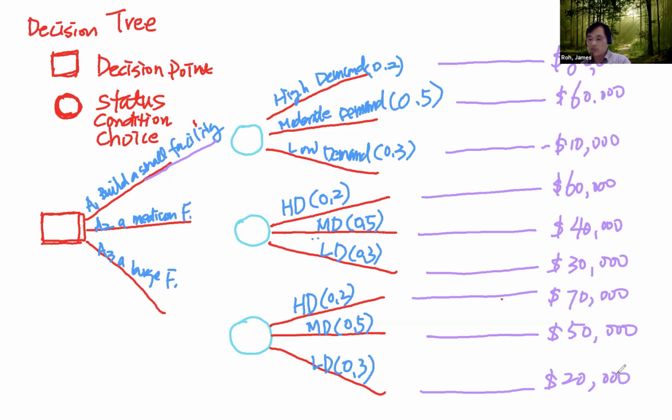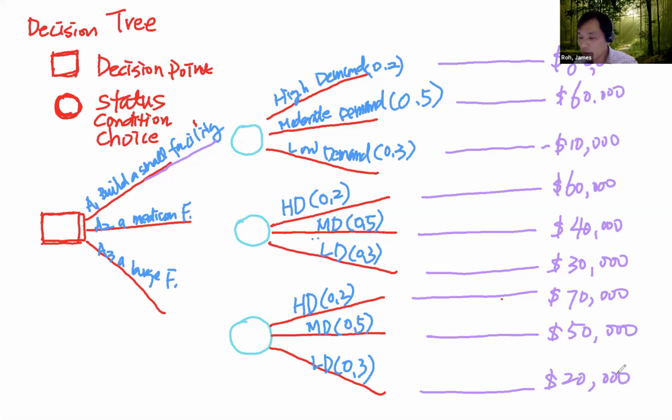So instead of the table, you may be presented with this kind of decision tree. And by looking at this decision tree, you have to decide what is maximax, maximin, and Laplace, expected monetary value, expected value of perfect information, expected value with perfect information. So these things can come out, and you have to answer those questions yourself by looking at this.